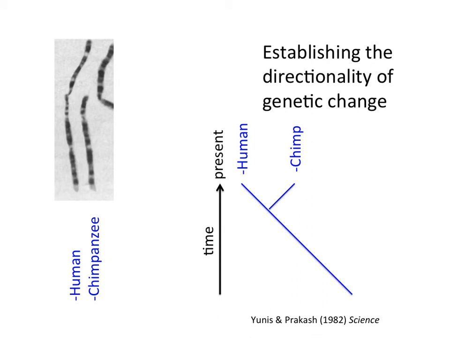So this is all about the concept that I meant to talk about last class, and I'm only going to talk about really briefly today, which is figuring out the direction of change. That is, what was the original version and which version of a gene might we determine to be the mutant version? So we could start with an example like this. We've got the human chromosome.